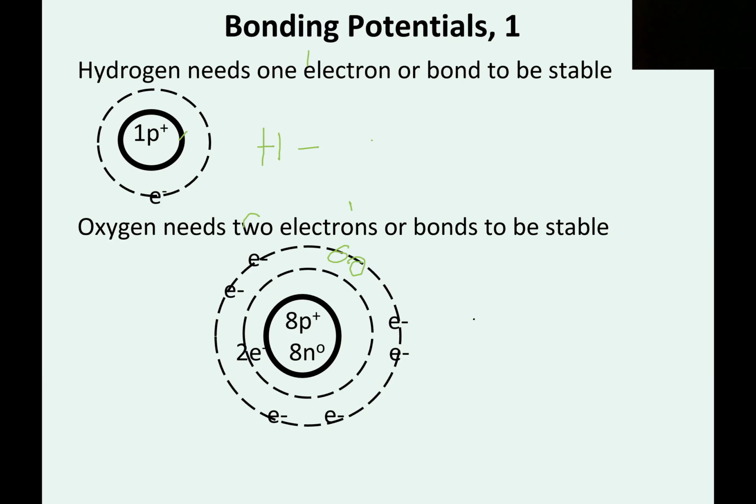So it needs to gain 2 electrons to become stable, or it needs to share, to be in 2 bonds. In a structural formula, oxygen will have 2 lines. You can have 2 single bonds, or oxygen can have a double bond, so sharing 2 pairs of electrons. But somewhere around oxygen, it should only have 2 lines.